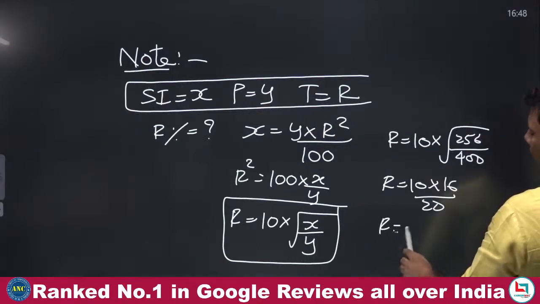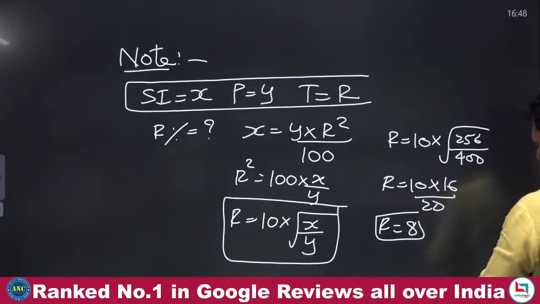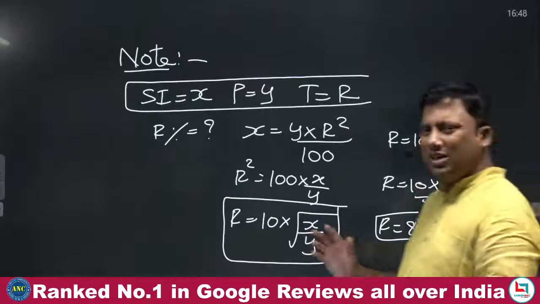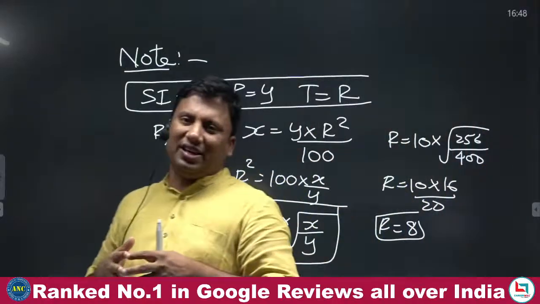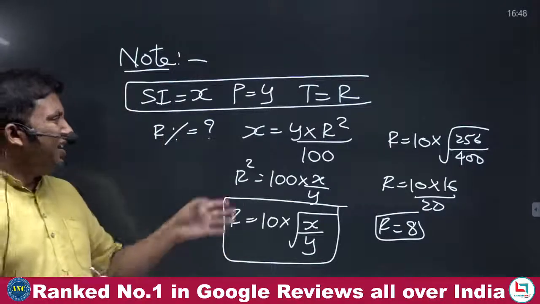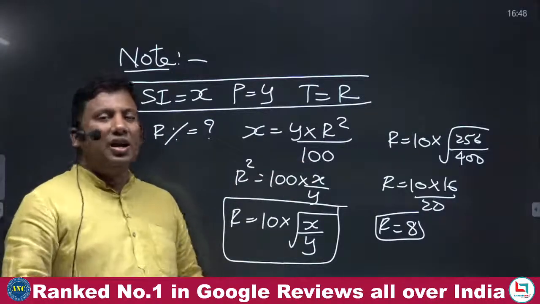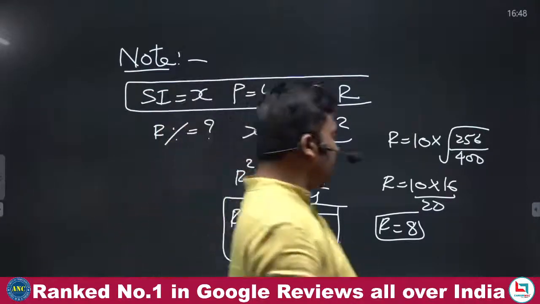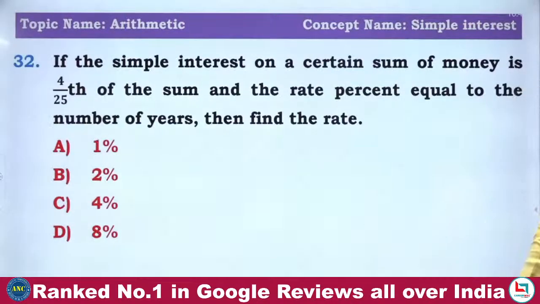So R is 8. That is what we got in the previous question. The idea is not to remember this, because there are options like 10 into root of X by Y. Otherwise, go by the digital sum or the rightmost non-zero digit method. I hope the idea is very clear to you.